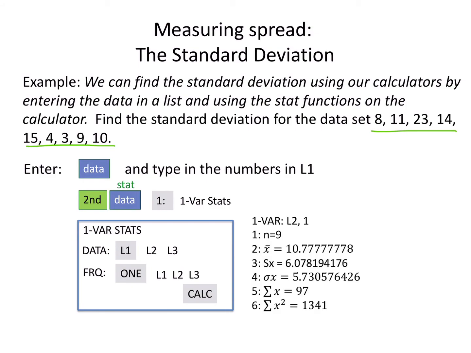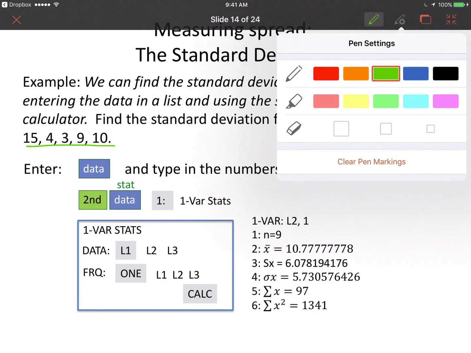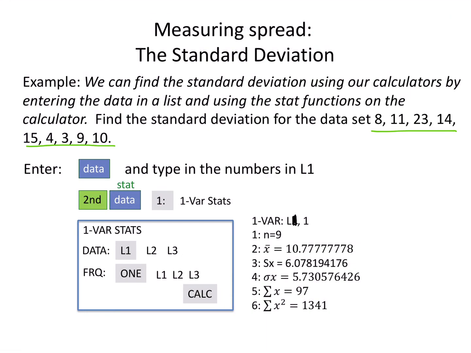All right, now what you should see is list 1 because that's where your data is, comma 1. So that's telling us the list and the frequency that we've calculated. All right, number 1 says that n equals 9.